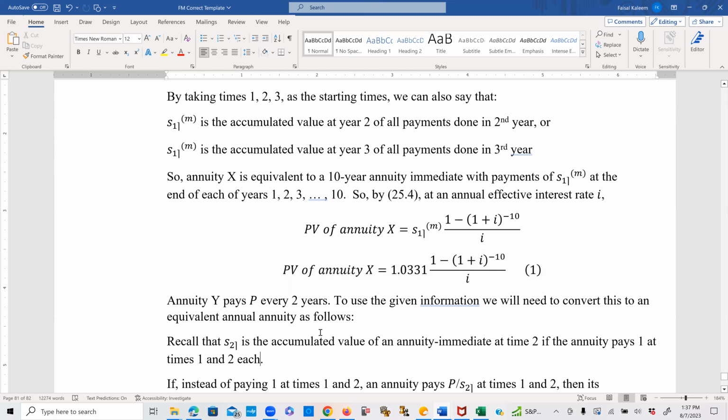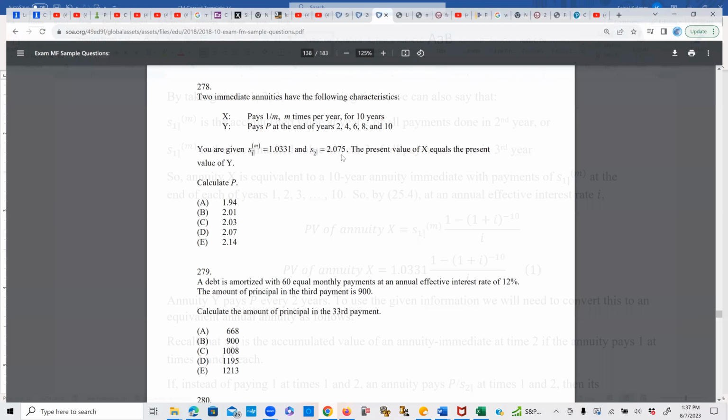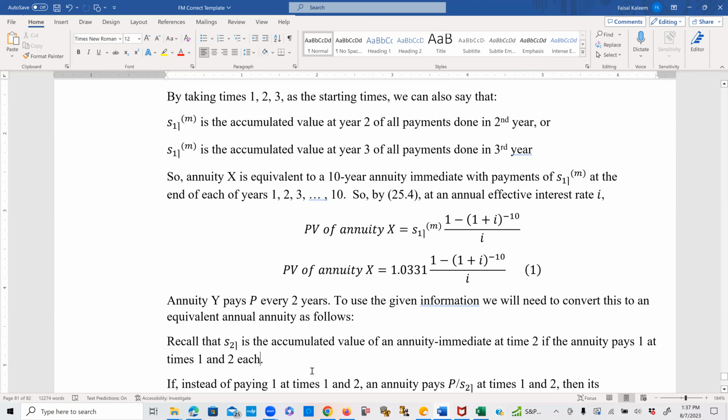Now, let's first focus on S2. Let's focus on the first 2 years because it pays every 2 years. And once we understand what's happening in the first 2 years, we will know what's going on in the remaining years. And as mentioned in lesson 66, S2, which is given over here, is the accumulated value of an annuity immediate at time 2 if the annuity pays 1 at times 1 and 2 each.